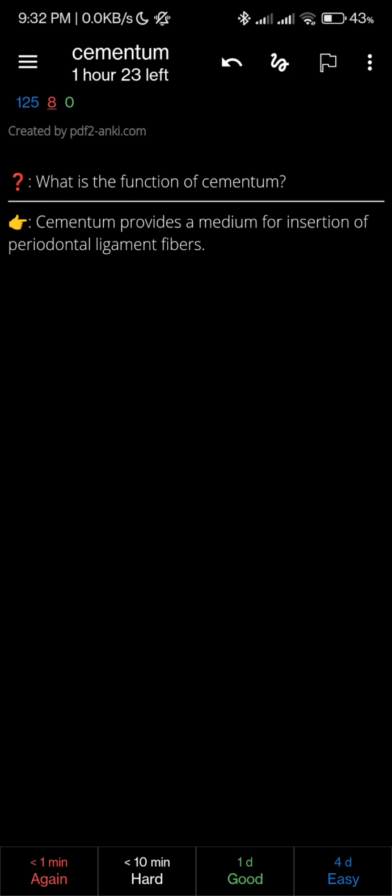Cementum provides a medium for insertion and attachment of periodontal ligament fibers.